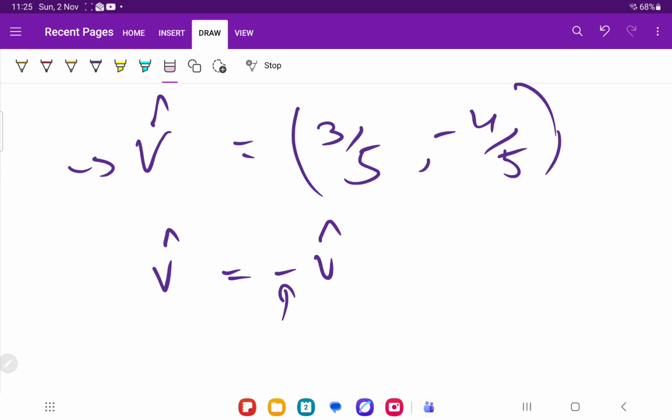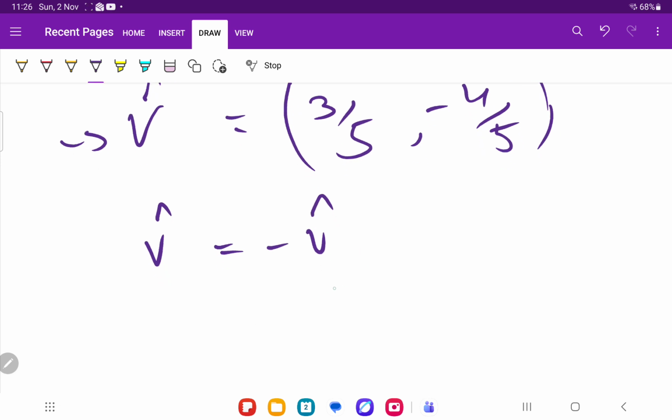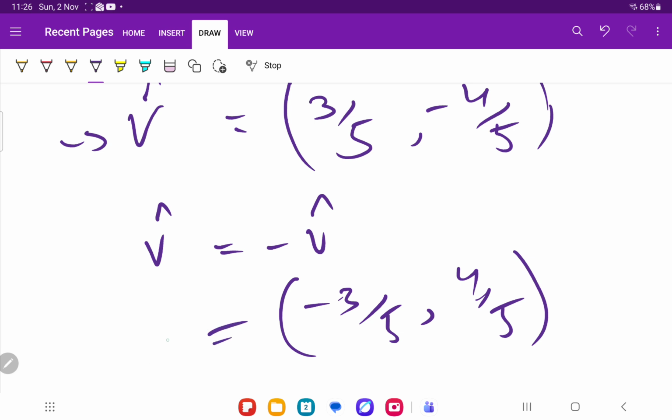Okay, so simply you just need to replace the value whatever you have calculated with minus. So it will be minus 3 by 5, plus 4 by 5 will be the vector which is opposite in direction. Okay, so that is the concept of the direction vector, whether it is opposite or the same side.